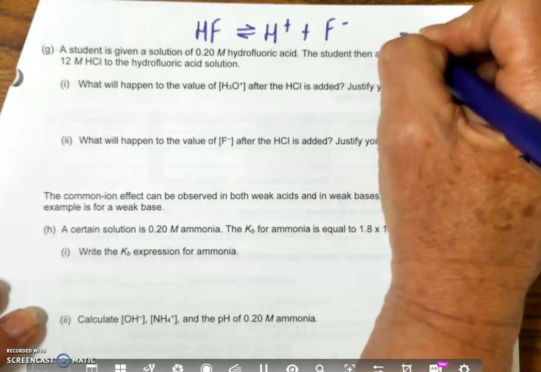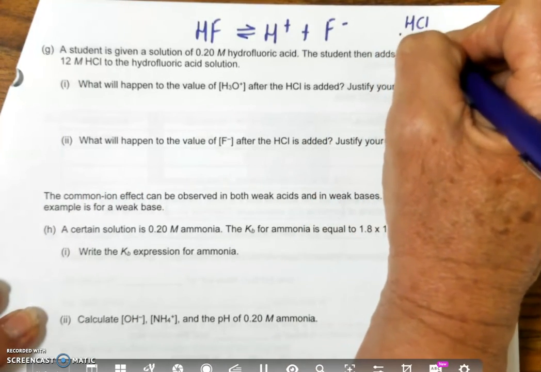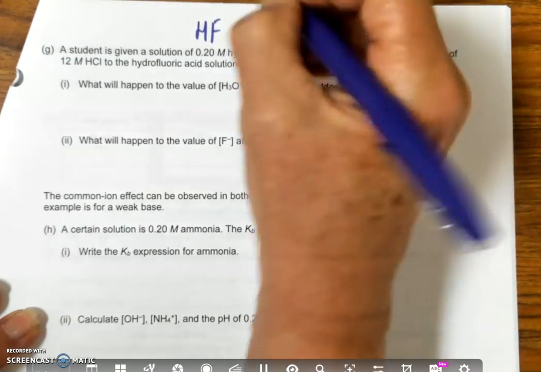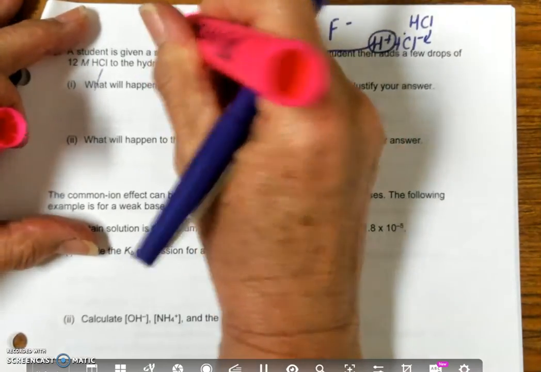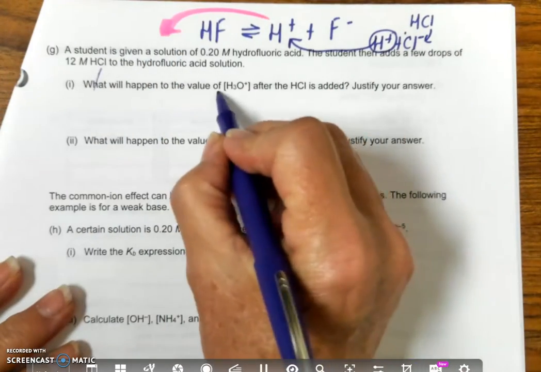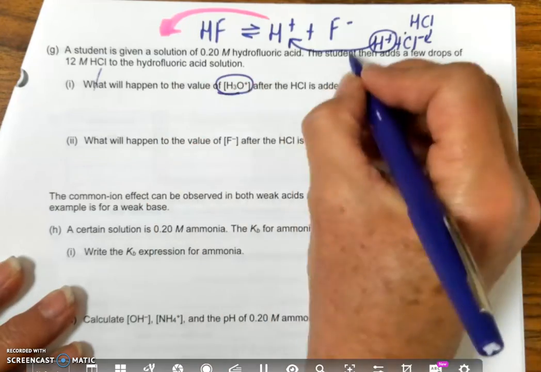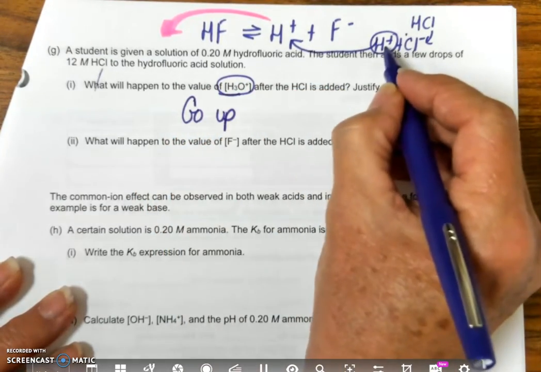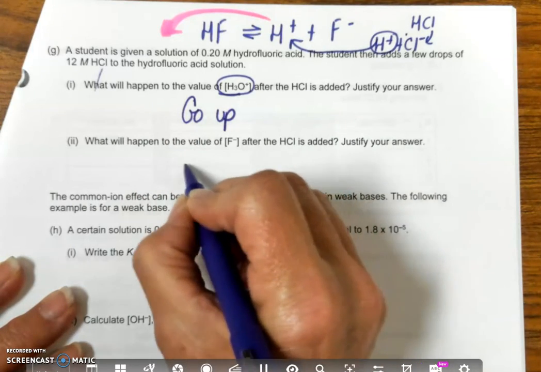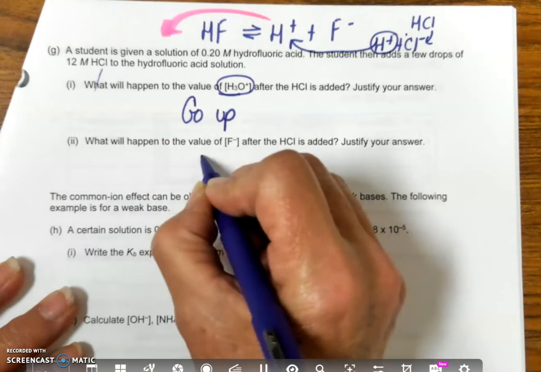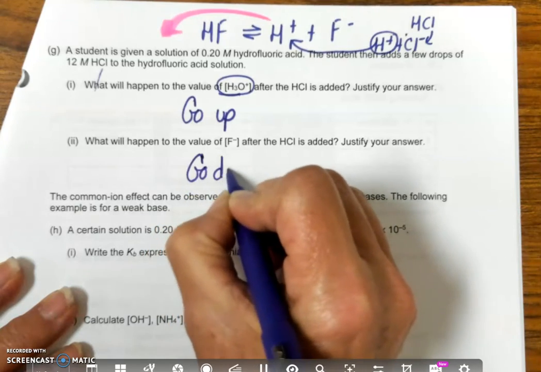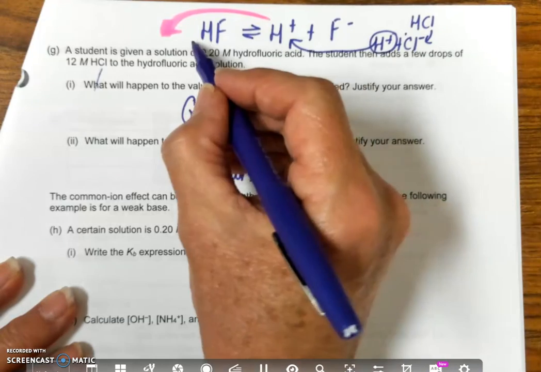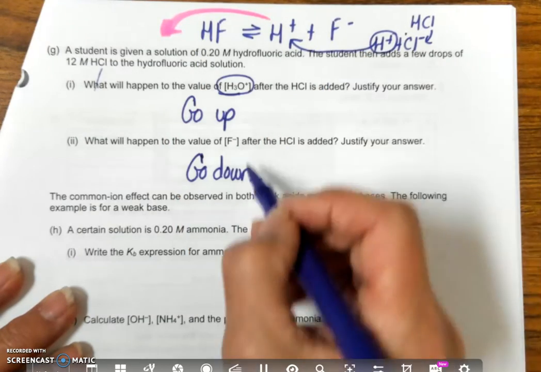So HCl dissociates into H plus and Cl minus, so I'm adding H plus, which should shift the equilibrium in this direction. So the value of this is initially going to go up, right? Because I'm adding it. But then the value of F minus here is going to go down. So H plus goes up with the addition of that, and that pushes the equilibrium this way, and this therefore goes down.